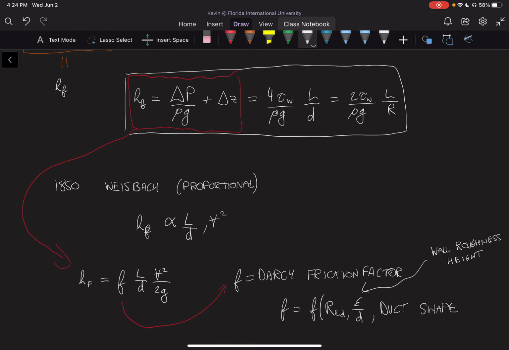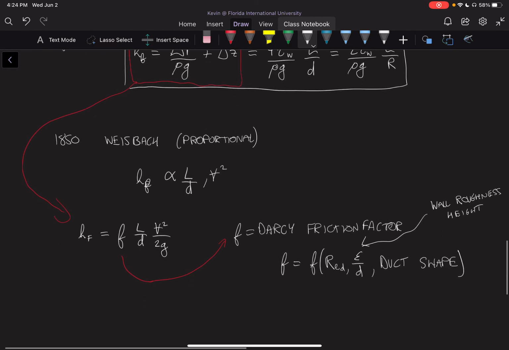Depending on the height of the roughness in the wall, you would have a different friction factor. Obviously the smoother the wall, the better, and the less smooth the wall, the more friction you would get. So he realized that this was a function of these three terms.